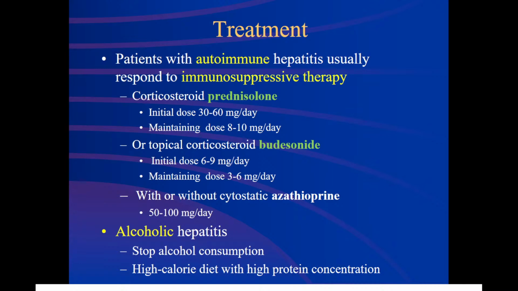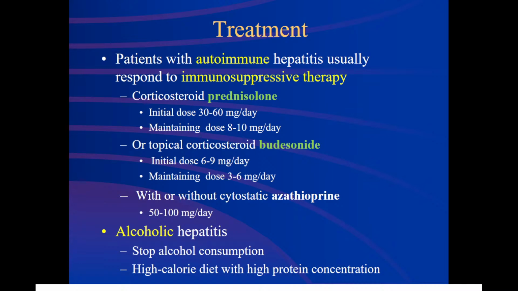In case of exacerbation, prednisolone is first-line treatment. If chronic autoimmune hepatitis persists without exacerbation, it is better to use azathioprine because it has immunosuppressive activity but fewer side effects compared with prednisolone.